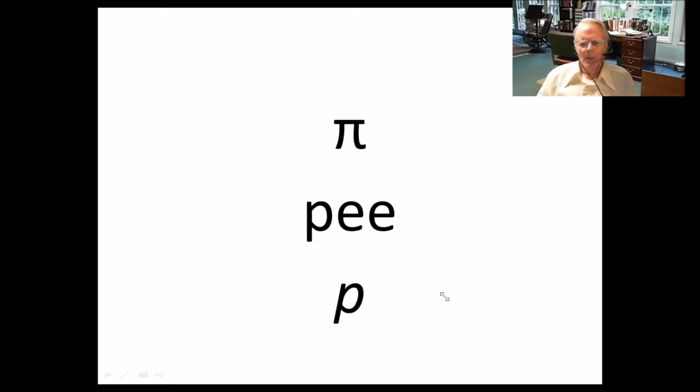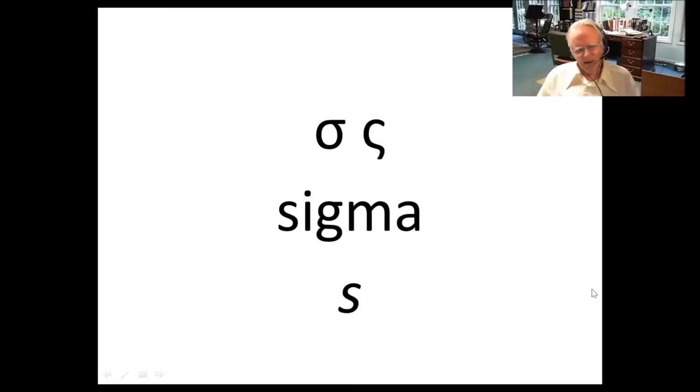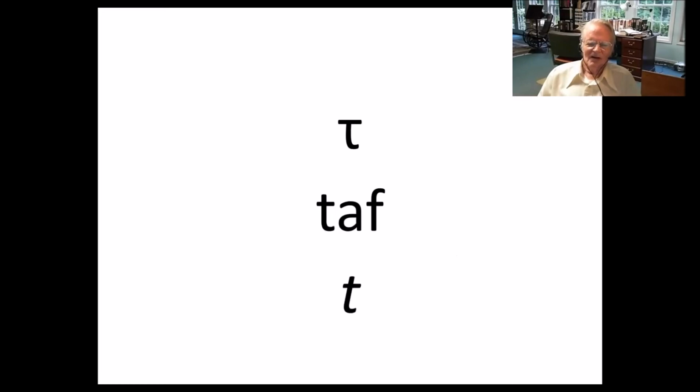This is a p. And that's a r, a trilled R, Italian R, if you like, rather than French, not a French R, not a German R, not a Hebrew R, but a rho. Sigma, s, unvoiced, not z but s.